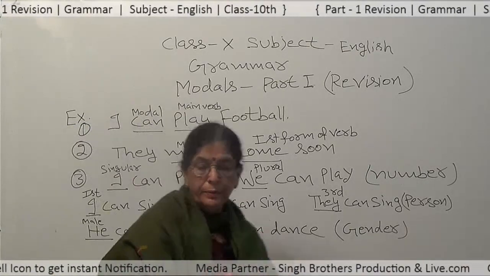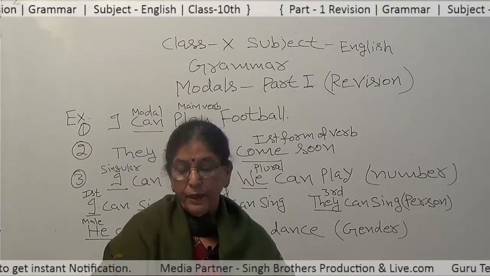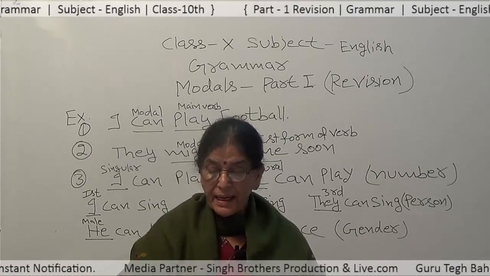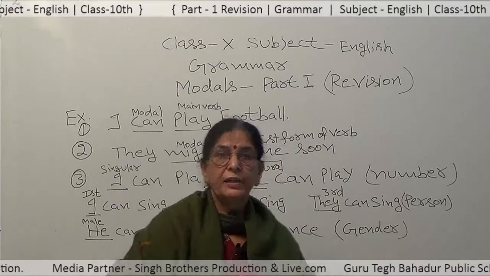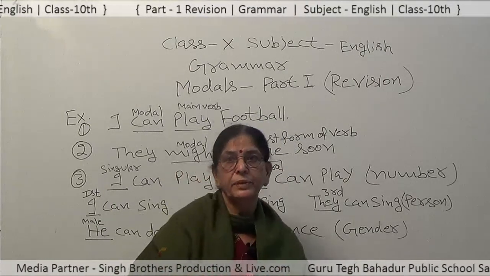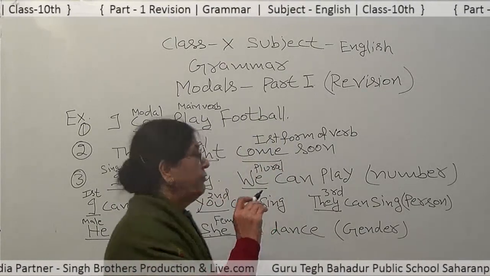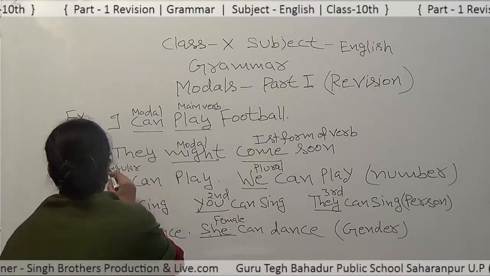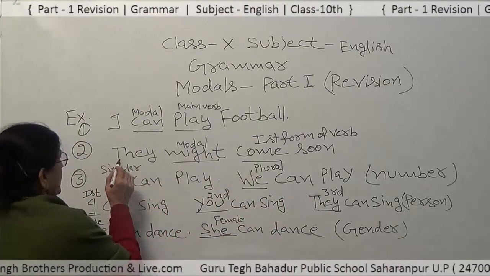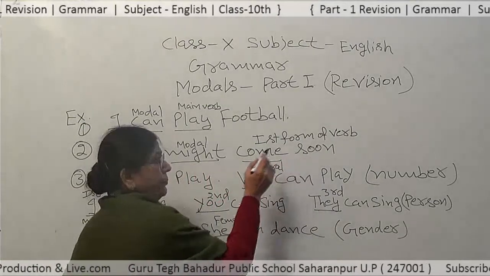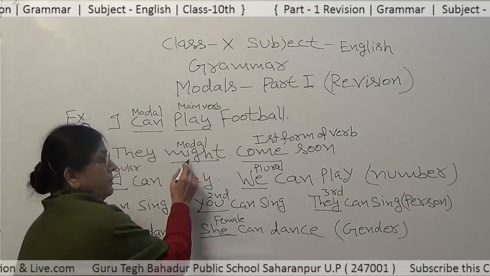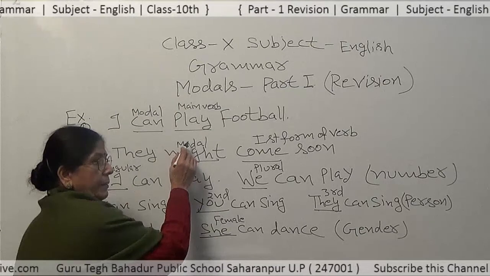Number 2, a modal verb always takes the first form of the verb. There are 3 forms of the verb. Example, they might come soon. In this sentence, might is the modal.